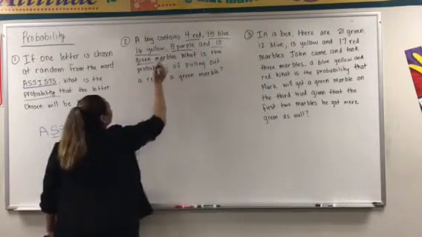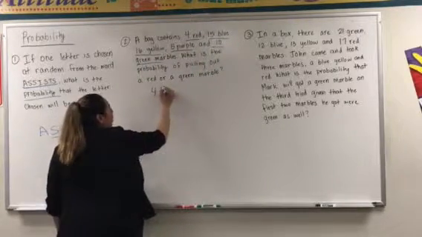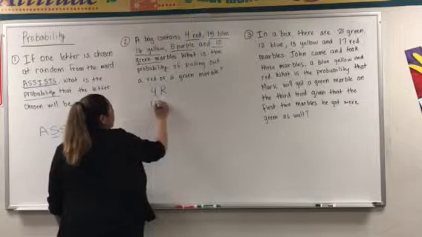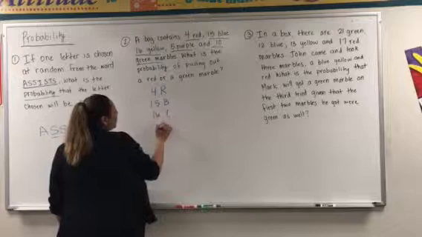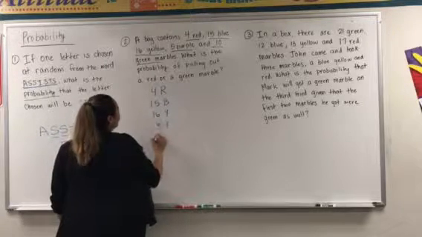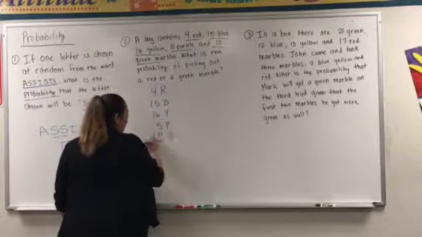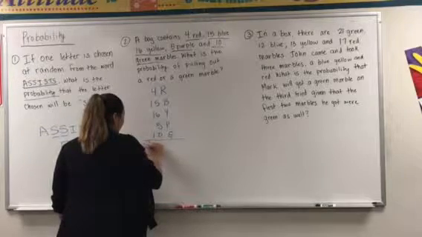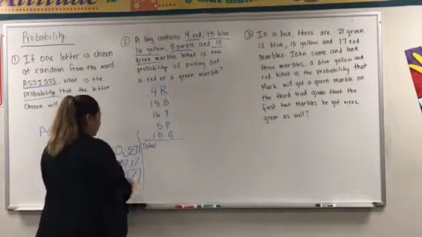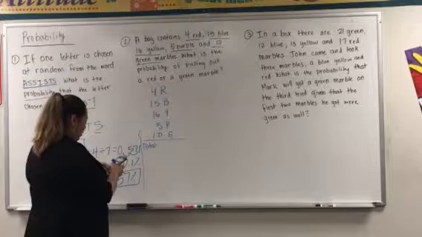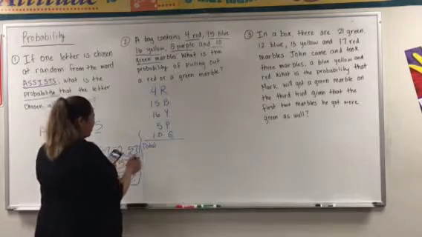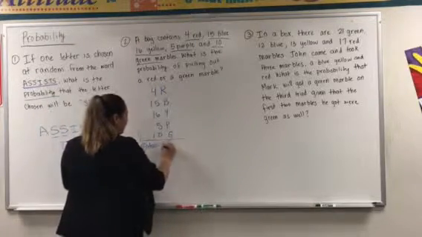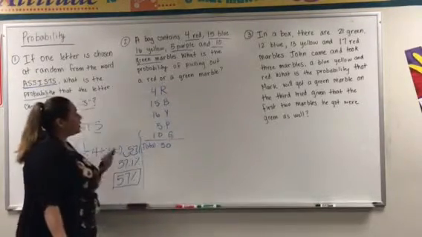So that'll be 4 red, I'm just going to put R for red, 15 blue, 16 yellow, 5 purple, and 10 green, for a total of 4 plus 15 plus 16 plus 10 plus 5, which is a total of 50.